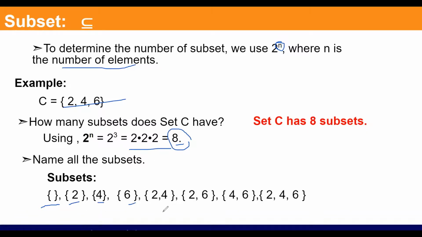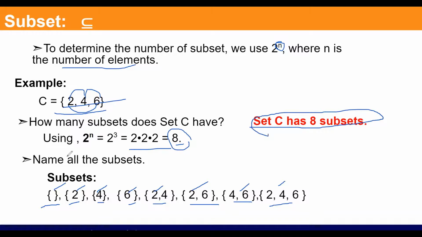And then two at a time. So we have 2, comma 4. Remember, you have to separate them with a comma. Next, 2, comma 6. Then we have 4, 6. And then the set itself, 2, 4, 6. So let's count: 1, 2, 3, 4, 5, 6, 7, and then 8. So we have 8 subsets.